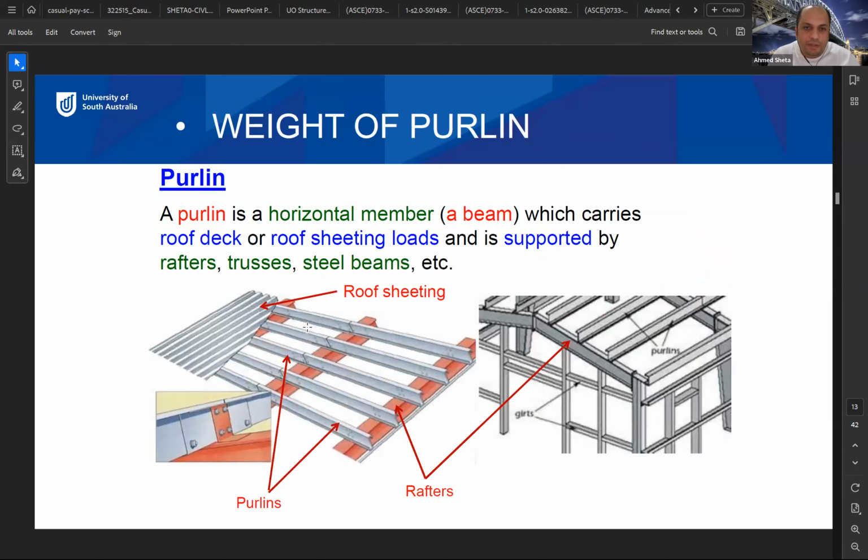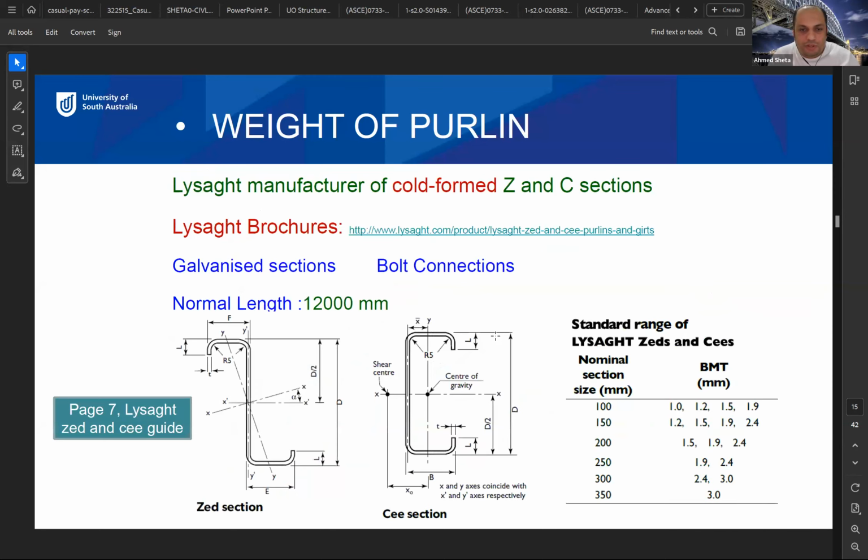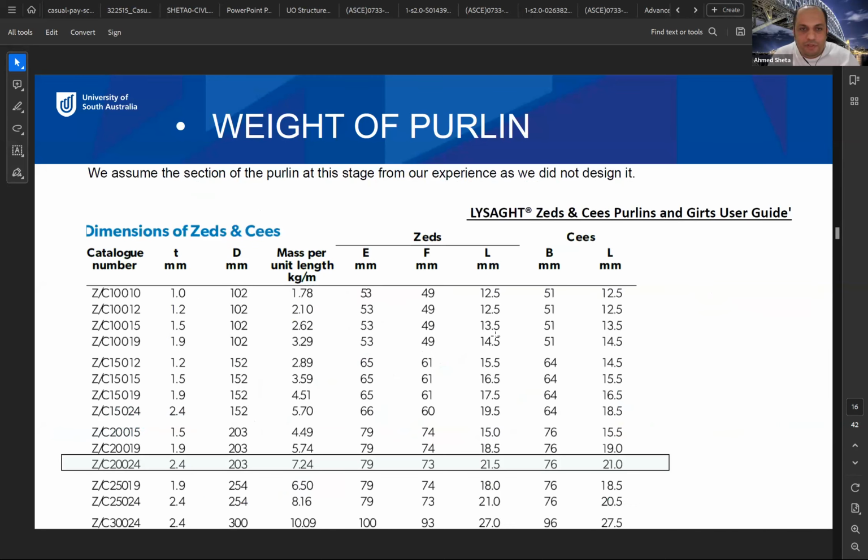What is the next step? The next step is the weight of purlins. As you know, we need to consider the number of purlins used and then calculate the load for these purlins. So what you have to do is select or assume a purlin size if it is not given in the assignment details.